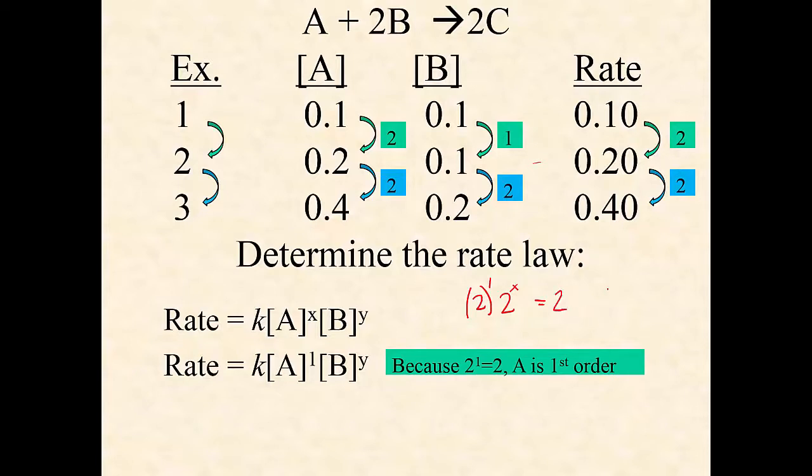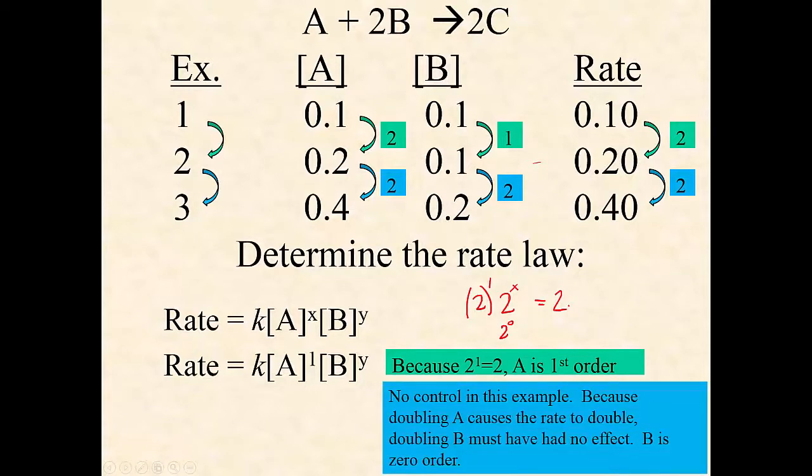Well, this doubled, but when you already know that A was a contributing factor, the only way that could be is if this was a 1. And the only way this could be a 1 is if it was a 0 order, which means B is not part of this rate law. It has no effect.